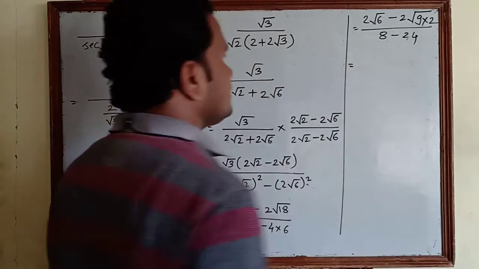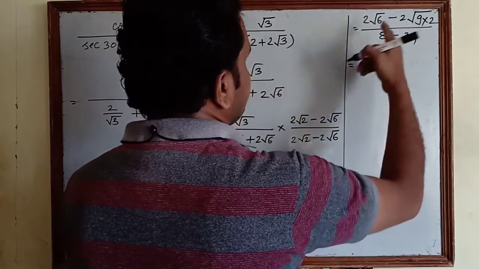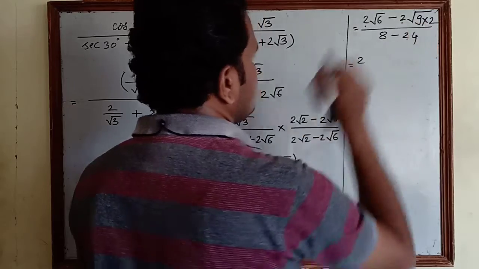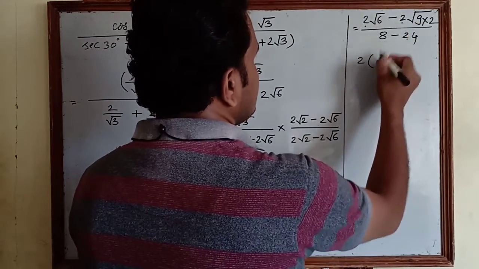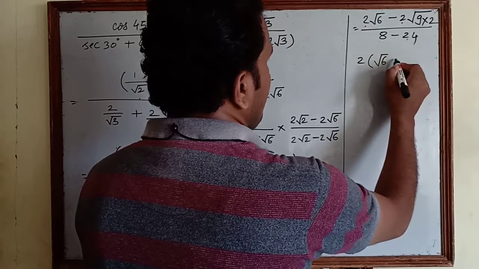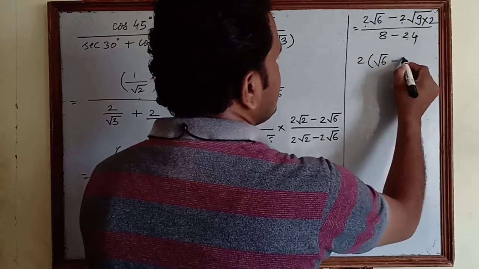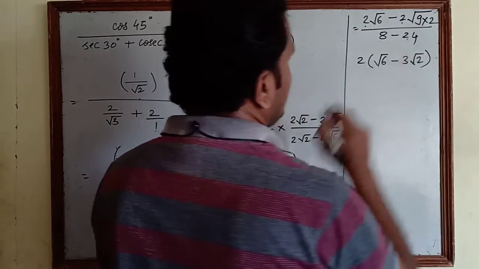Here it is. Then this 2 and this 2 take common, so here what remains? Root 6 minus, here root 9 into 2, 9 will come to outside, it becomes 3, and here only 2 remains.